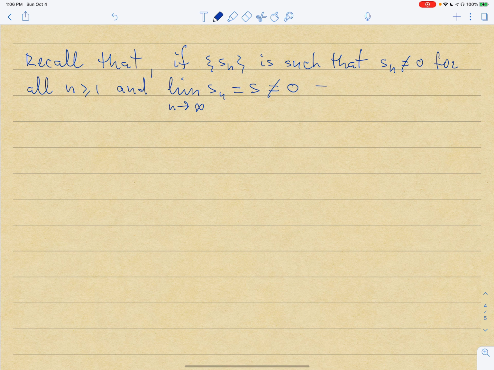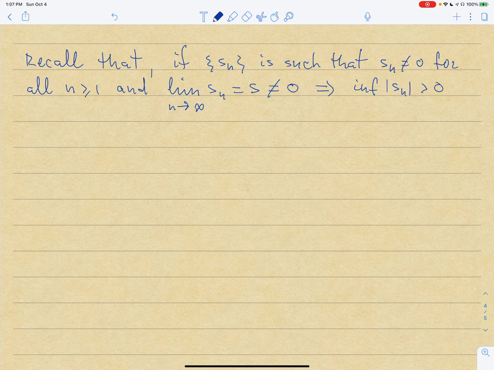Then we discovered that the infimum for all n of absolute value of Sn is going to be a number which is strictly greater than 0.